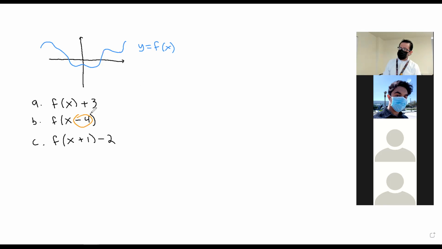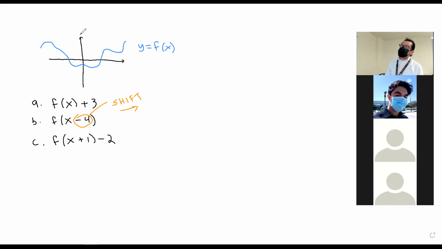It would be a horizontal shift. And in what direction? To the right. And so if it's a shift to the right, we can again take the reference points that we had.